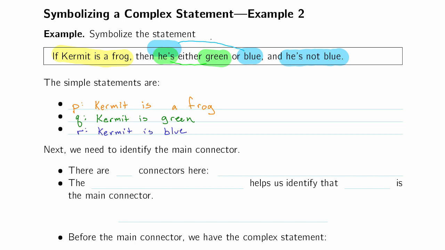Okay, so the simple statements were hard to find. The connectors are also complicated because we have three of them. We have an if-then, we have an or, and we have an and. Okay, what helps us here? One of the things that helps us is the commas. Notice we've got two commas here.